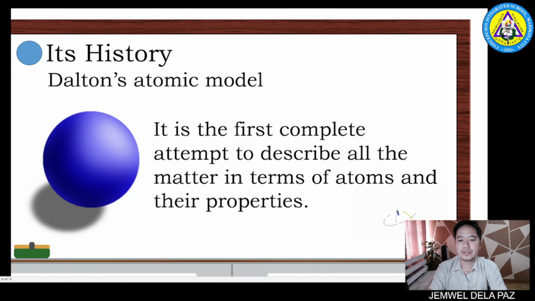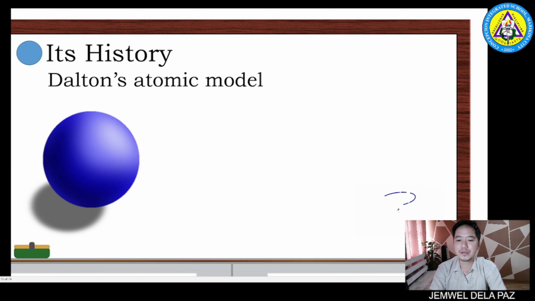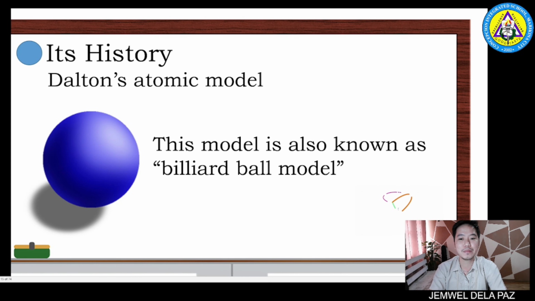Dalton's atomic model was the first complete attempt to describe all matter in terms of atoms and their properties. Dalton's atomic model is also known as the billiard ball model. As you can see in our illustration, his model is just like a billiard ball. Dalton imagined that an atom must look like this.